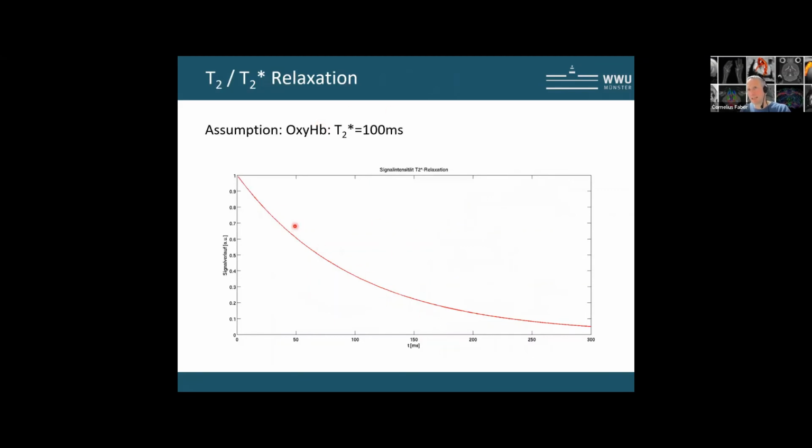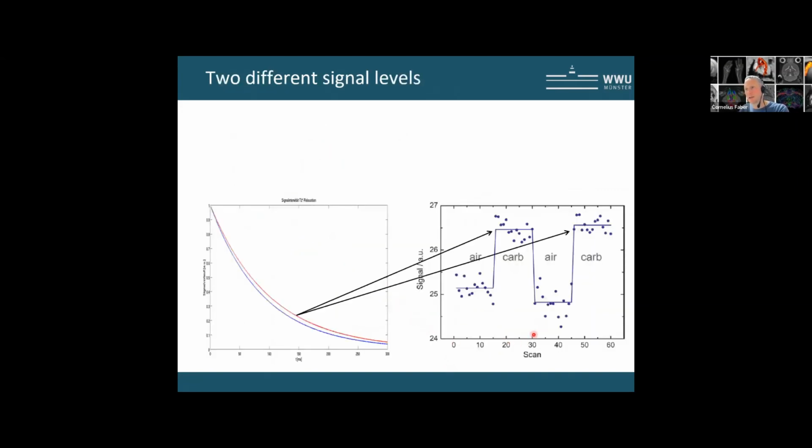Now, how can we measure that? If you look at oxygenated blood, it decays, and deoxygenated blood decays a bit faster. So there's a difference. We can modulate, for example, the blood oxygenation by breathing air and oxygen, or air and carbon dioxide.